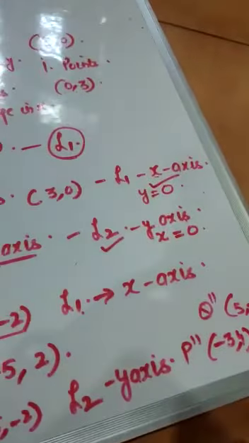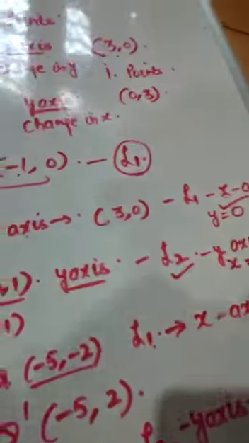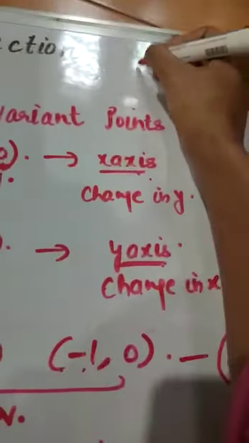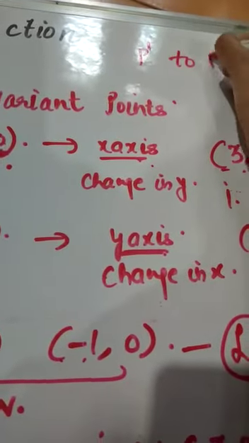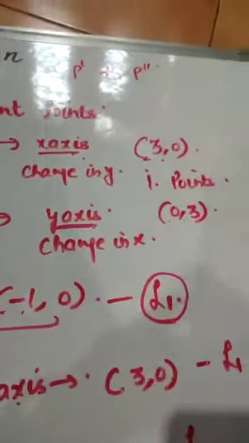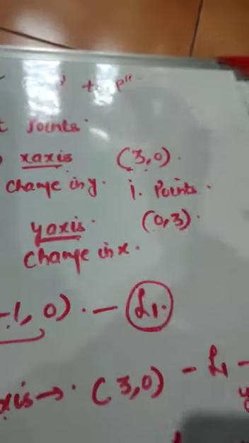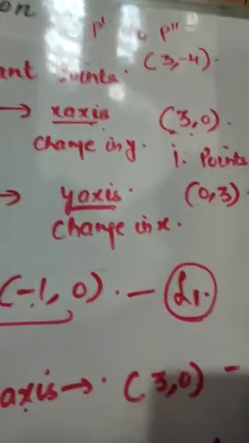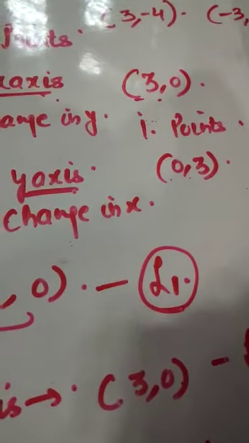Now in the last part they have asked us for a single transformation from P dash to P double dash. P dash is 3 and minus 4, and P double dash is minus 3 and 4.